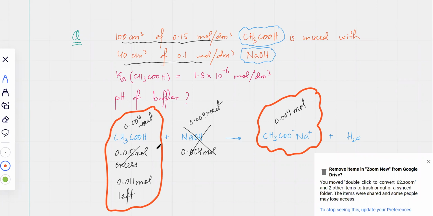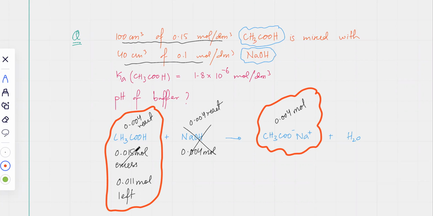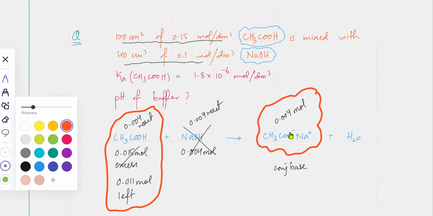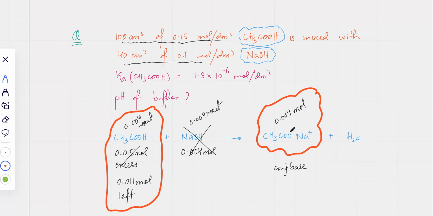So what's happening is, after the reaction is over, the mixture would contain two things. It would have the conjugate base, so that's your conjugate base. And at the same time, it's also going to have the weak acid as well.